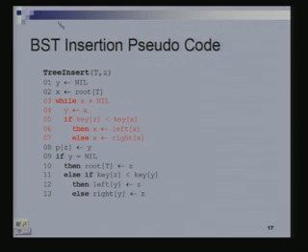So that's what we are doing. Initially y is null, x is the root. Then y takes the value x and x goes to either the left or the right child of x. And we keep doing this till x becomes null. When x becomes null, y is pointing to the right node.